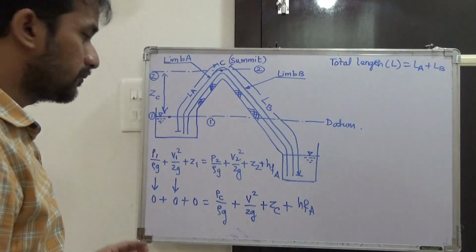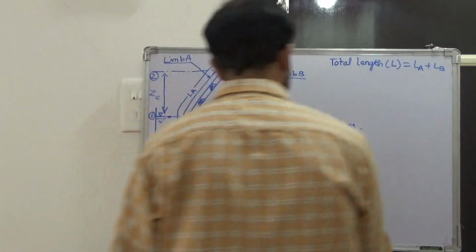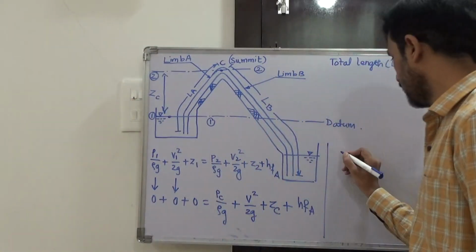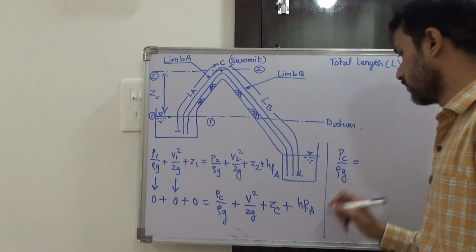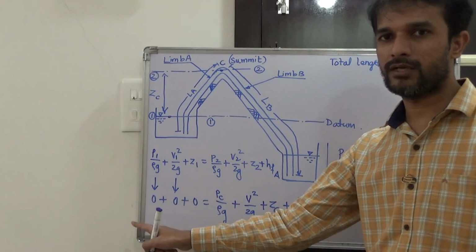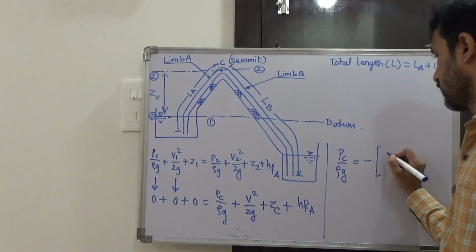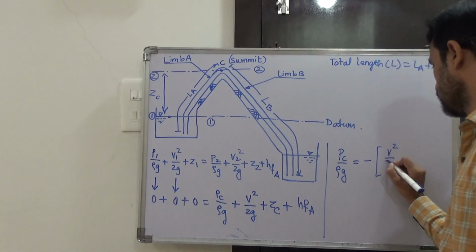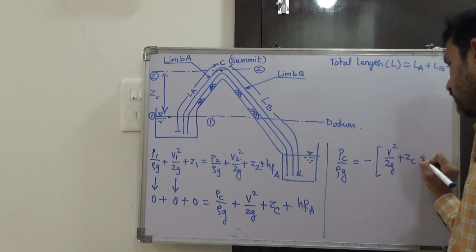Okay. So now, if I simplify this, you will observe what PC is. From this you can get PC upon rho g equal to, I want to find this out, so all these three terms will go to the other side and become negative. So that will be minus, in brackets, V square upon 2g plus ZC plus HFA.